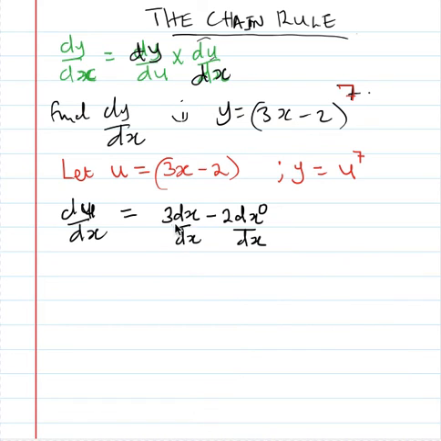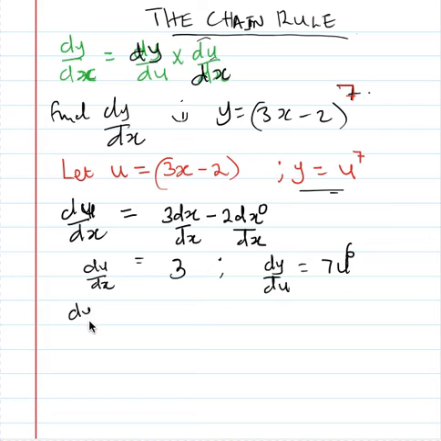Here we just get 3, because dx/dx is 1, and the 0 multiplies the 2, so we get a 0, and we just get 3. So this is du/dx. And now dy/du will be 7u to the power 6, because it is 7 minus 1.